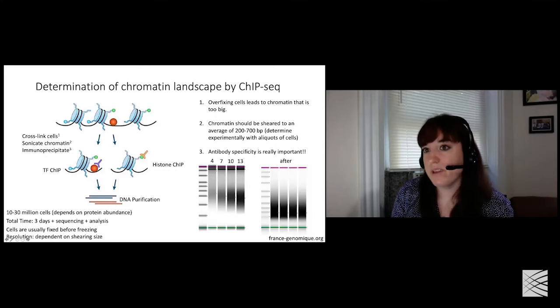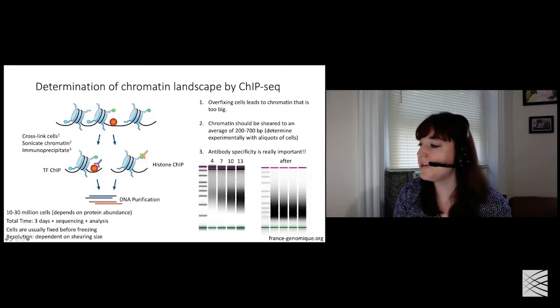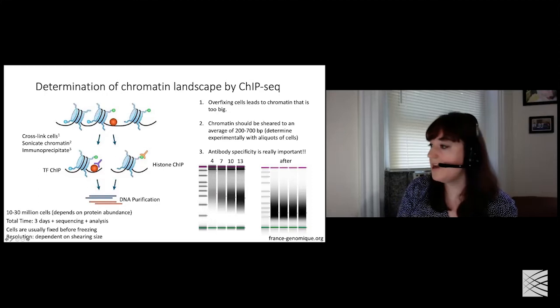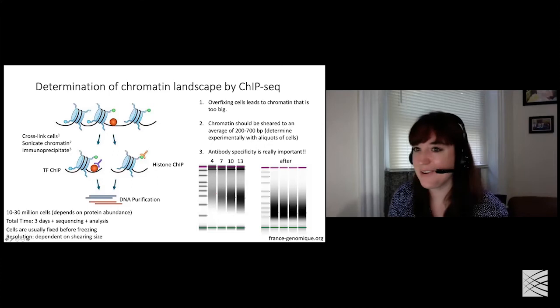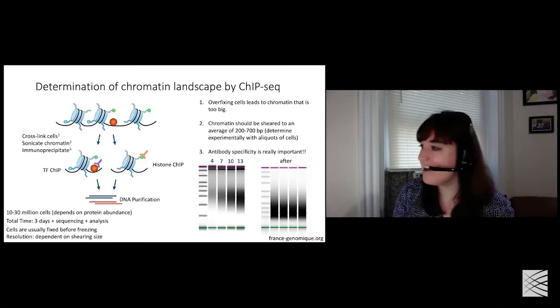Once you play around with cellular concentration, you can correct for this. If you shear a fewer number of cells for a lower amount of time, eventually you'll get chromatin that looks like this. It's a nice little smear of fragments between 200 and 800 base pairs. Troubleshooting this at the beginning will save you a lot of headache later on down the road, so I highly recommend the troubleshooting before you start.